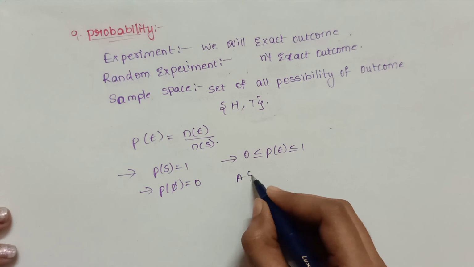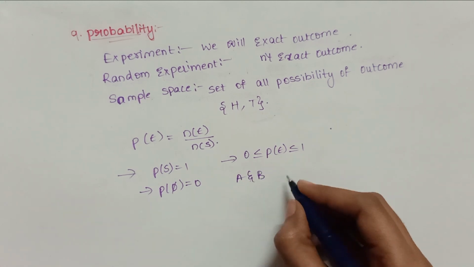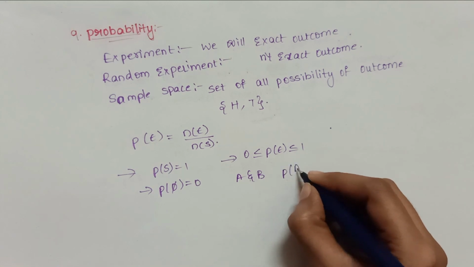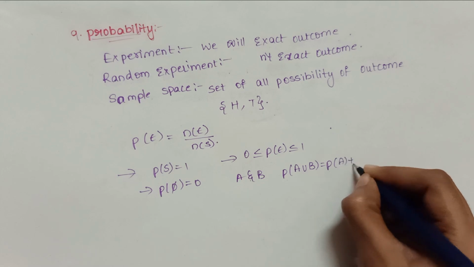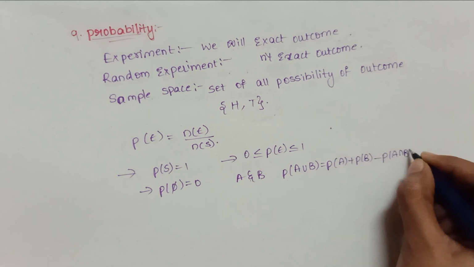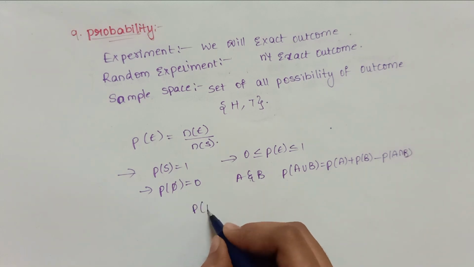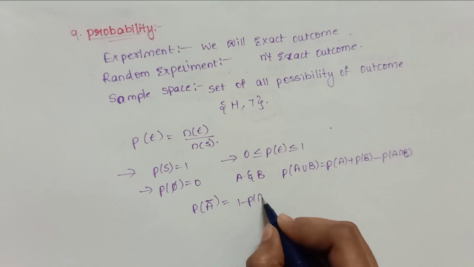If A and B are two events, then P of A union B is equal to P of A plus P of B minus P of A intersection B, where P of A bar is equal to 1 minus P of A.